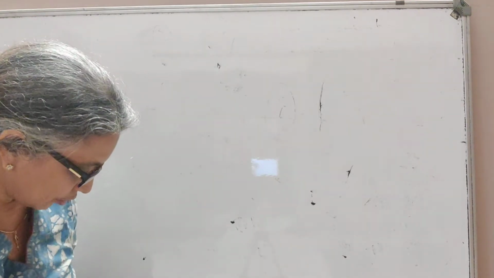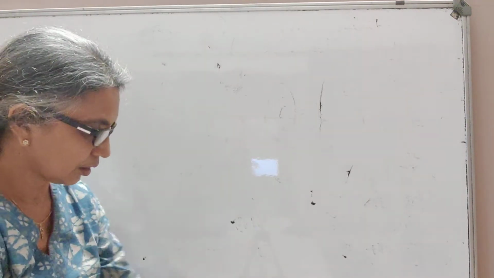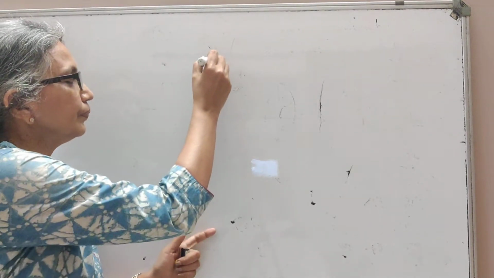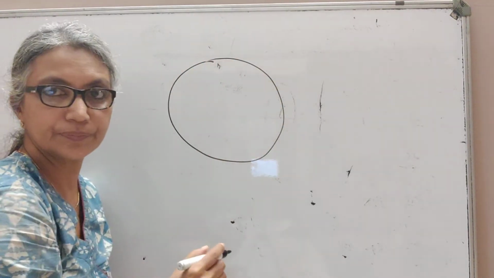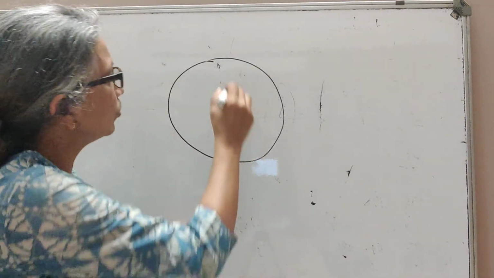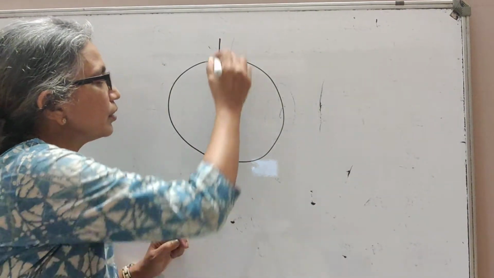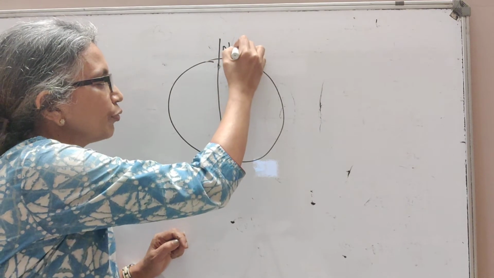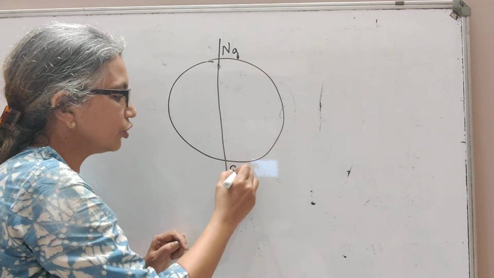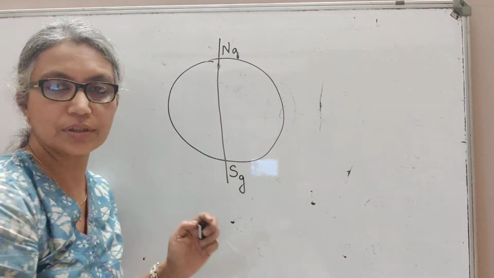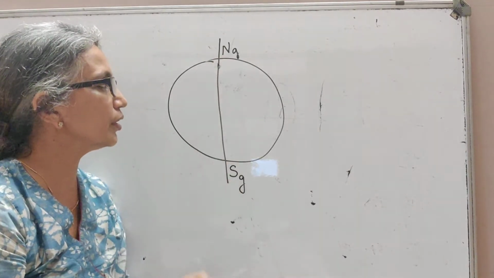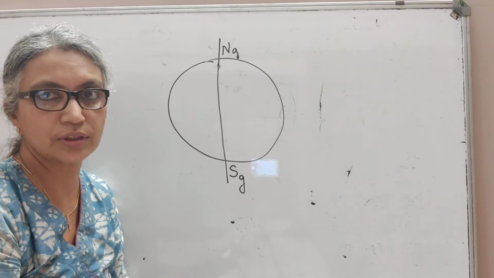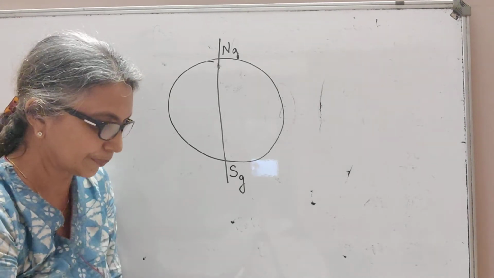Then, if I draw the Earth, let's say this circle represents the Earth. I am drawing this axis passing through the geographic north and the geographic south. This line that joins the geographic north to the geographic south is called the geographic axis.